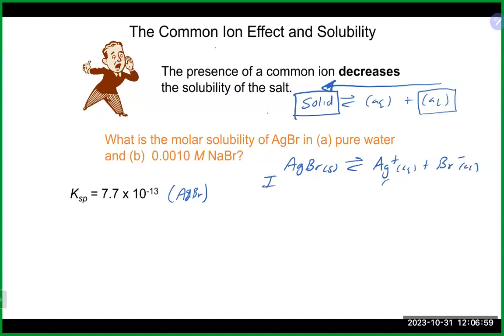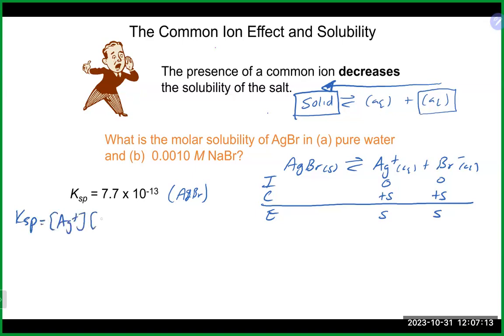Initially we have 0 and 0. Our change will be plus S and plus S. As the coefficients are 1 there, we will end up with S and S. This will go into our KSP expression, which would be the silver ion times the bromide ion. And that's going to give us basically S squared is equal to 7.7 times 10 to the minus 13.